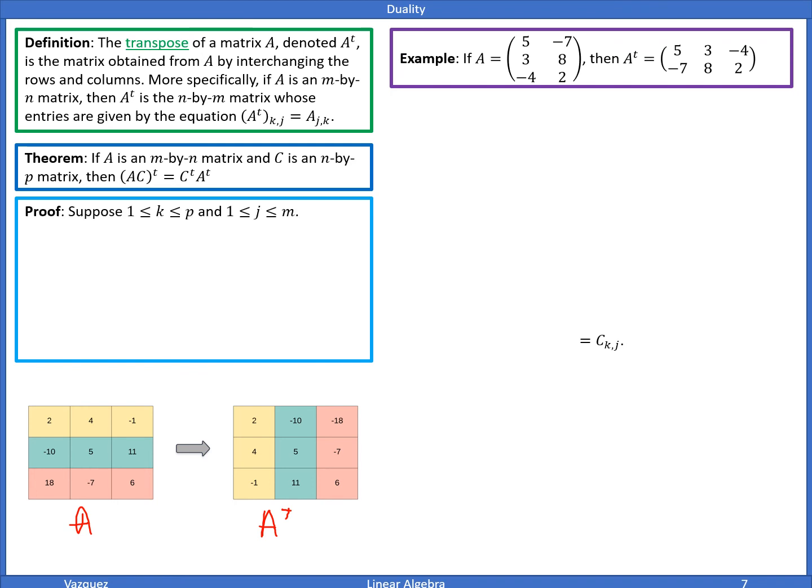But suppose k is from 1 to p, and j is from 1 to m. Then the transpose of the product, we simply write like this. That's just by definition of transpose. And the way we write the product of two matrices, just like that, is a sum.